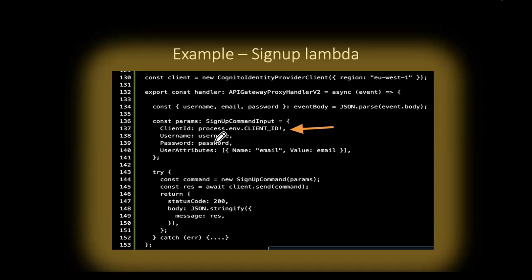So it has a small set of predefined constraints on the password structure. Of course, you can augment that, and you would specify that in your CDK stack as part of the user pool configuration. I didn't do that, so I'm accepting the defaults.